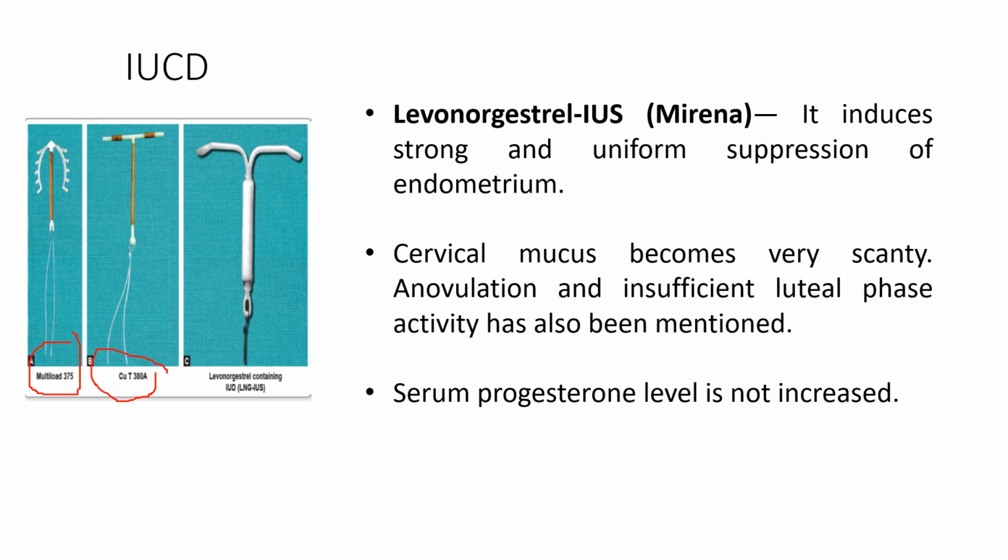Serum progesterone level is not increased. So this is a form of progesterone, a strong and uniform suppressor of the endometrium. The estrogen effect is prevented due to the high local release of this progesterone, but the serum progesterone level is not increased.